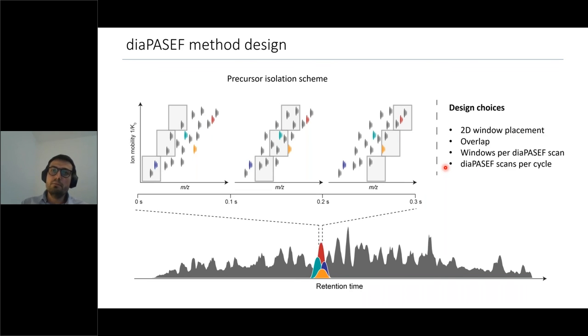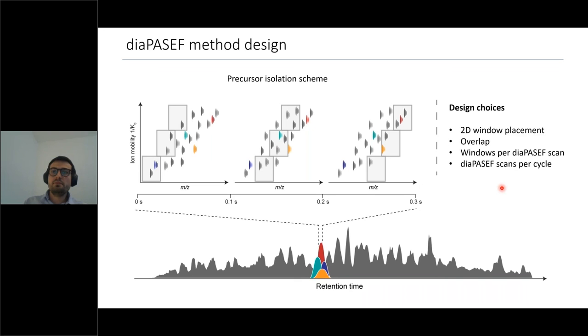So you could have rather broad m/z windows and actually cover all precursors in a single DIA passive scan. Or if you would like to work with more narrow m/z windows, then you could split up the entire mass range to multiple DIA passive scans.